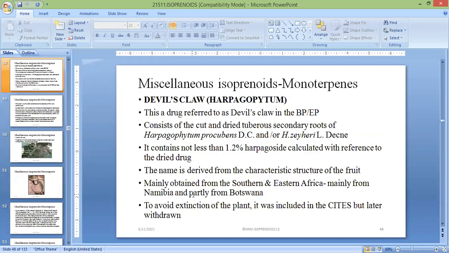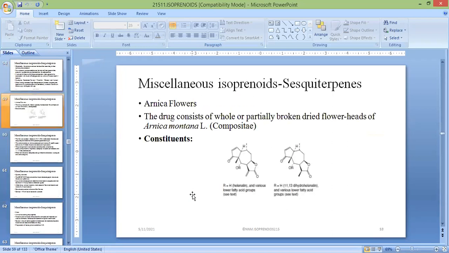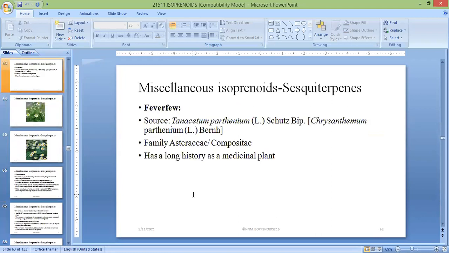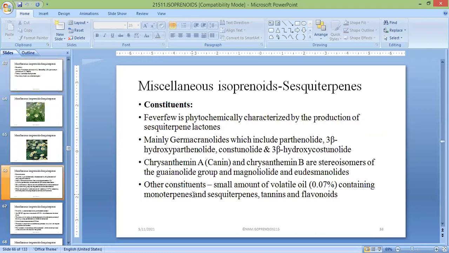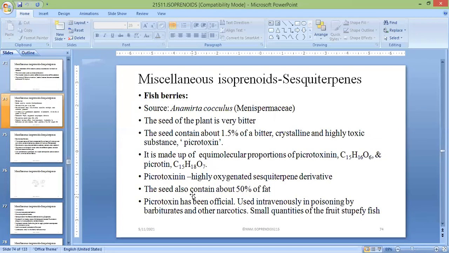So don't forget artemisinin for the sesquiterpenes. Then when we go to the diterpenoids, the other thing is ginkgo biloba. Ginkgo biloba is even being sold over the counter as something to boost memory.